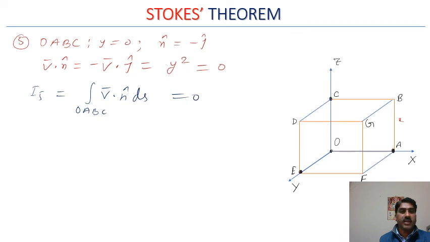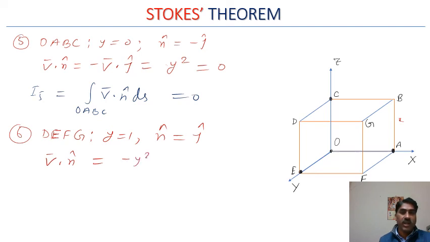And the final integral along the front surface DEFG. On this surface y is equal to 1 and the unit normal is in the positive direction of the y-axis, so this is j. So V dot N, as already obtained, is minus y square, and y is equal to 1, so this is minus 1.